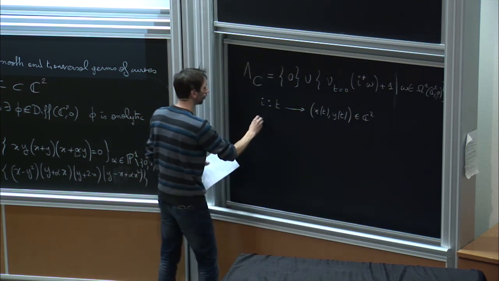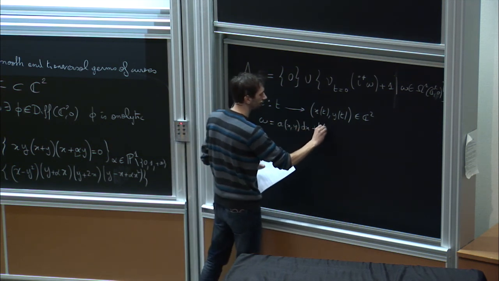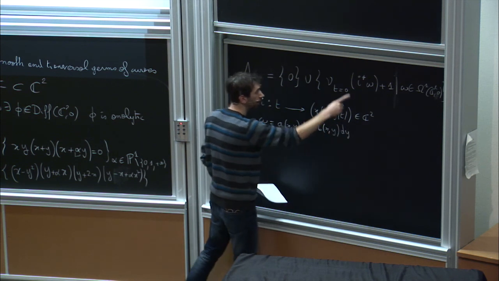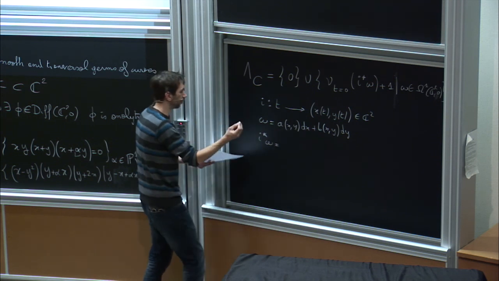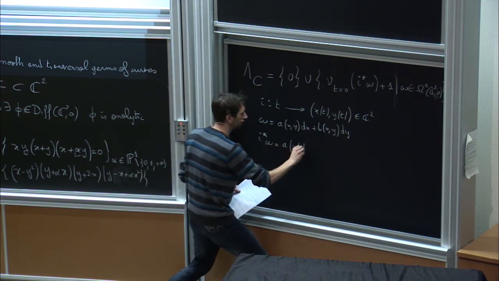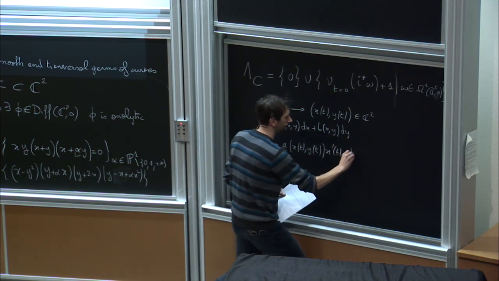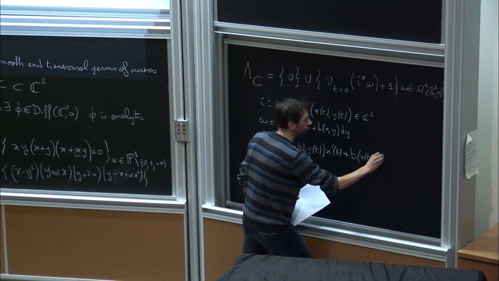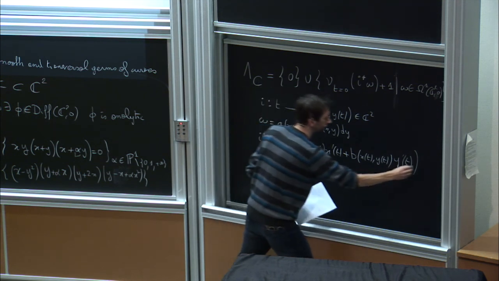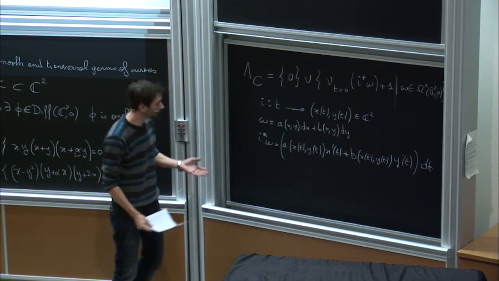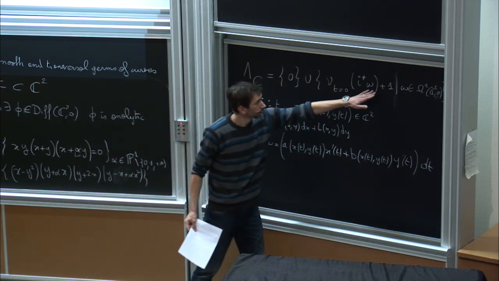And if omega is given in coordinates by the following expression, then this E star of omega is just I star of omega, so this is a(x(t), y(t)) x prime plus b(x(t), y(t)) y prime, times dt. So you look at the valuation not anymore of a function, but of a form, and you add plus 1.